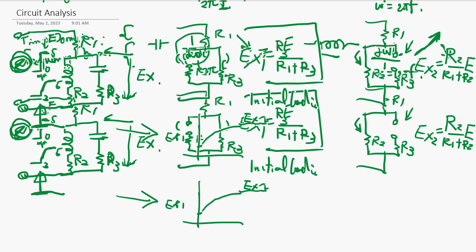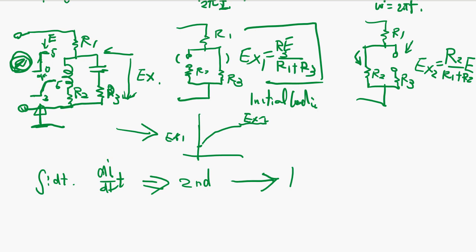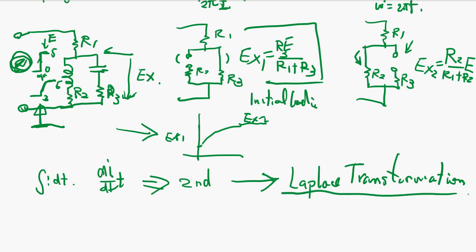Now for the differential equation, when you have this inductance and capacitance mix, you have integral i dt and di/dt. So it becomes a second degree differential equation, and the easiest way to solve it is Laplace transformation. You will take this in a math course in college.